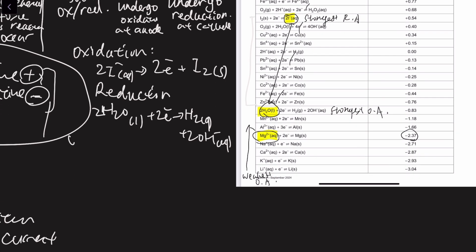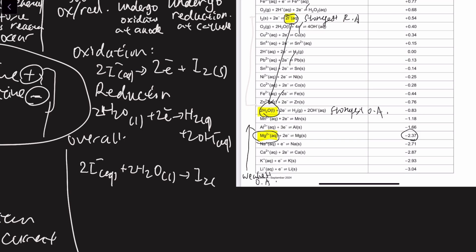And for the overall reaction, we just combine them together. And the electrons cancel out as expected. We do not want to see any electrons in our final equation, since no electron can be created or destroyed.